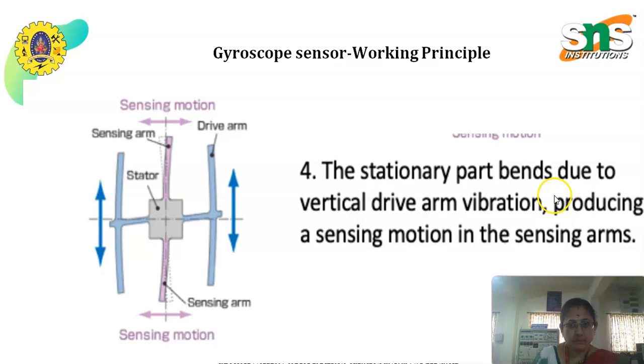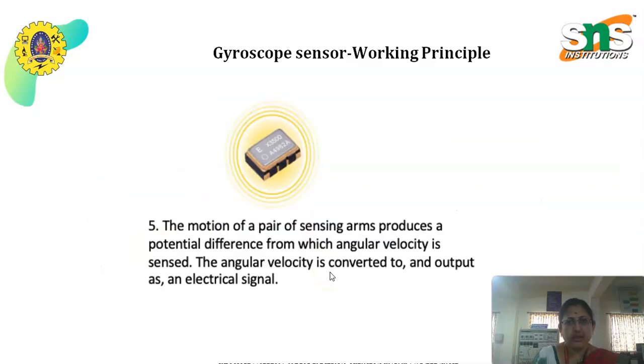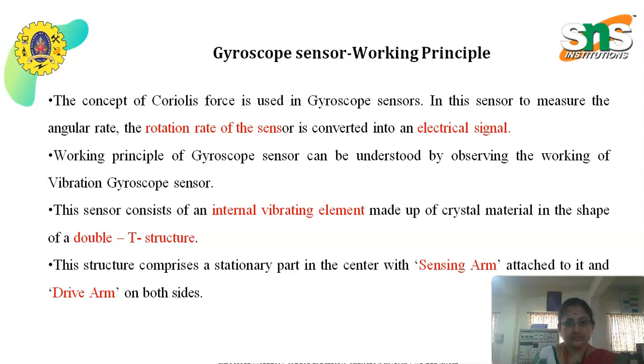The stationary parts bend due to the vertical arm vibration, producing the sensing motion in the sensing arms. The motion of the pair of sensing arms produces a potential difference from which angular velocity is sensed. Then the angular velocity is converted to an output in the form of an electrical signal.